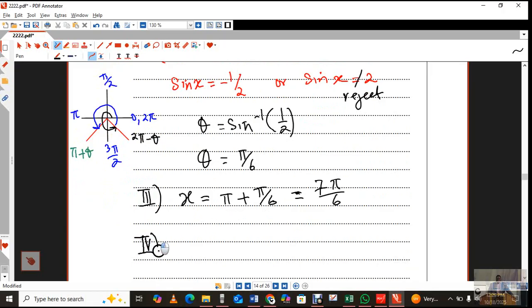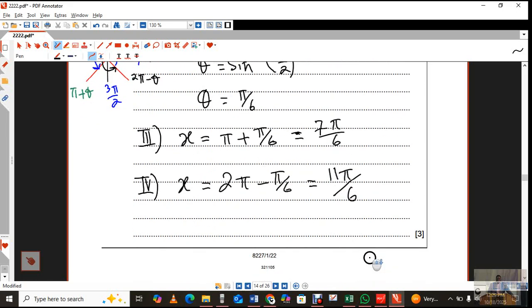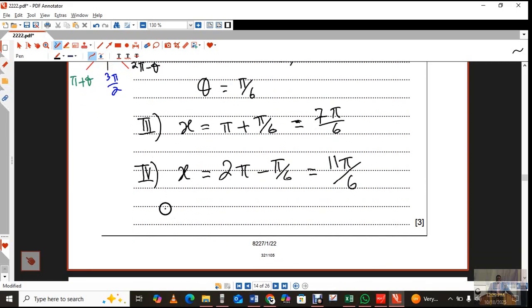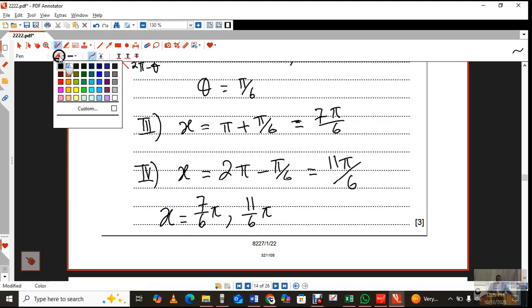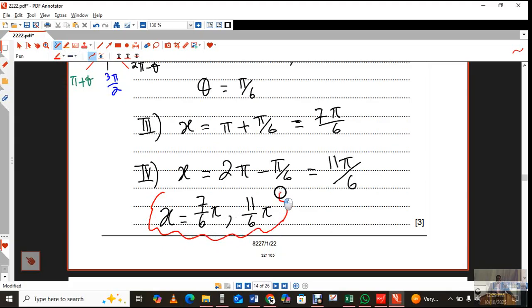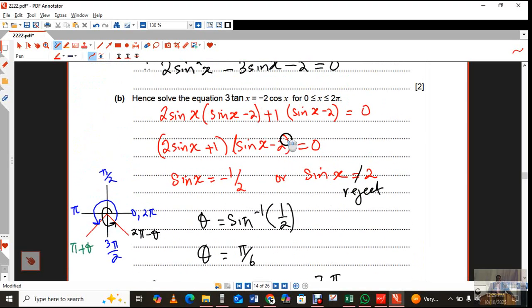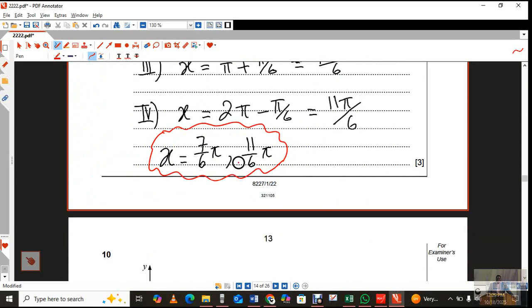And in my fourth quadrant, x is going to be 2 pi, as I indicated, minus pi over 6, and that is 12 pi minus 1 pi, that's 11 pi over 6. Okay, so these would be the two solutions for x. You can say, therefore, x is equal to 7 over 6 pi, or 11 over 6 pi. You can also give the answers, as I said, as decimals, and you can go ahead and do so. I'm just going to leave them in terms of pi. Not that the question said that, but it's just better.